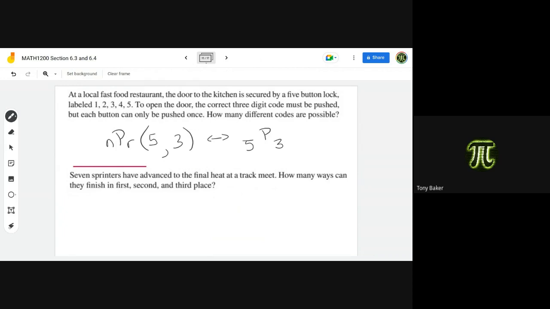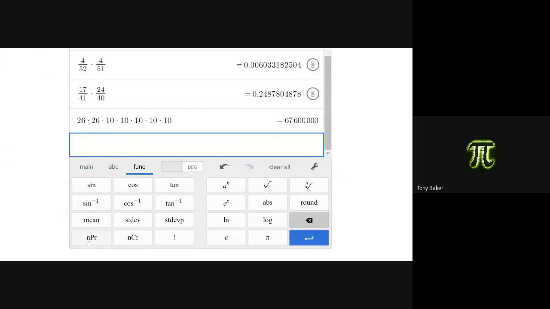So we go to Desmos. First off, everybody understand where the 5 and the 3 came from? Okay. So under function, right here, NPR and NCR, we're using P because order matters.